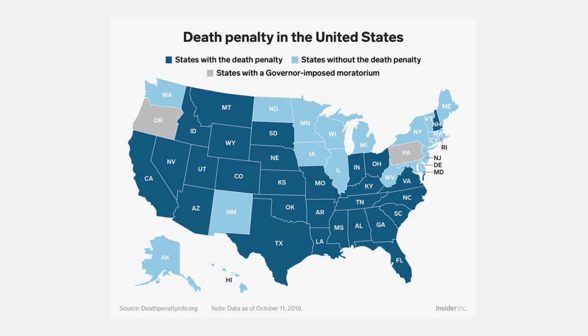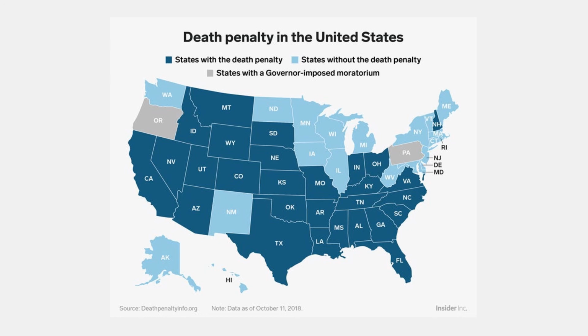Like I also said, though, some states still allow it and some states do not. As of 2018, you can see that the states in dark blue allow the death penalty. Those in light blue do not allow the death penalty, period. And there were a couple of states at the time with a governor-imposed moratorium on the death penalty, meaning they weren't using it at the time. Of those that do use it, most don't use it very often.